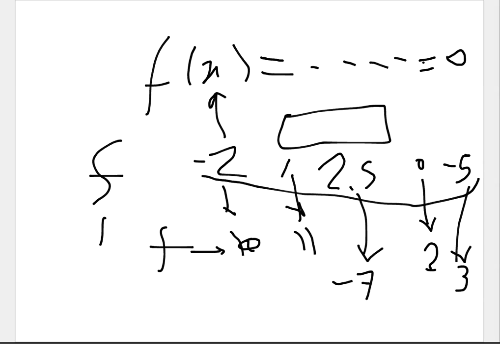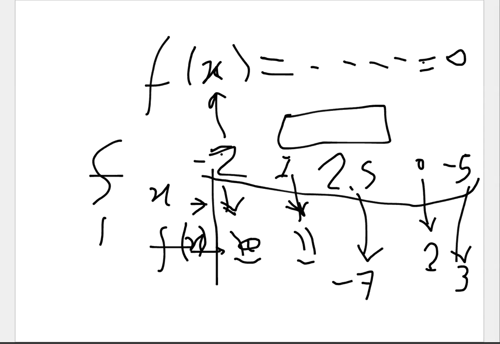We put each of these values into f, and it produces, this is x, and it is f(x). f(-2) is 10. f(1) is 11.